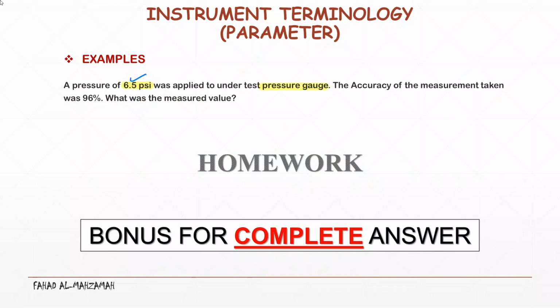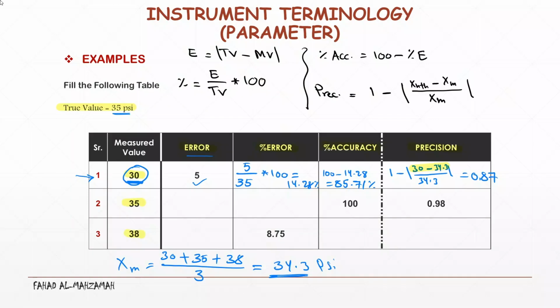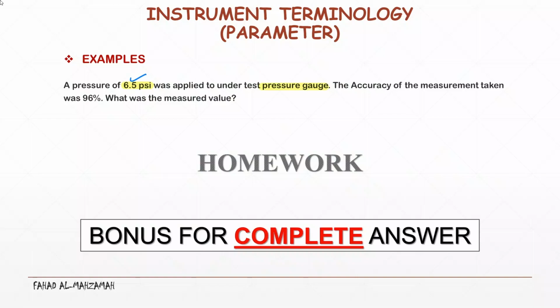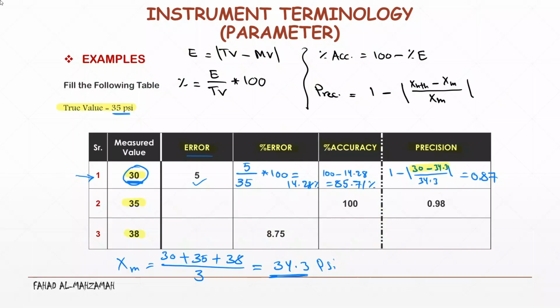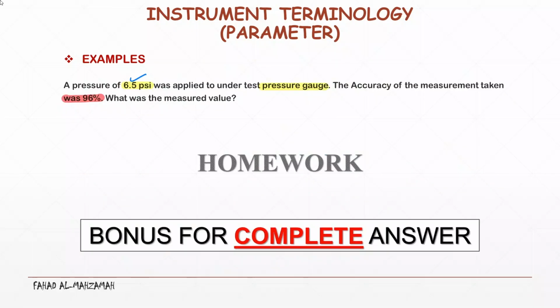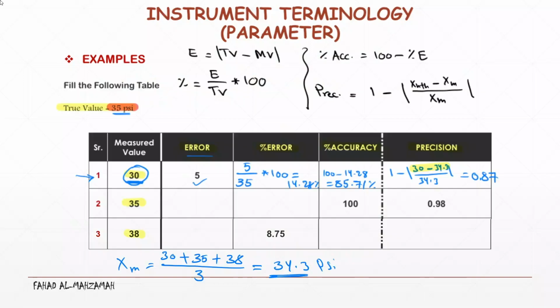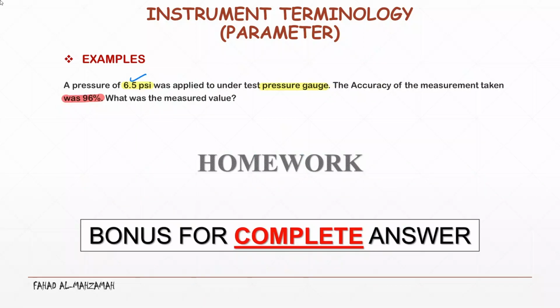After calculation, by doing this table, for example, the accuracy of the measurement was taken as 96%. So 6.5 here is the same as 35. And the accuracy of the measurements is 96%. It is like 85.71%.